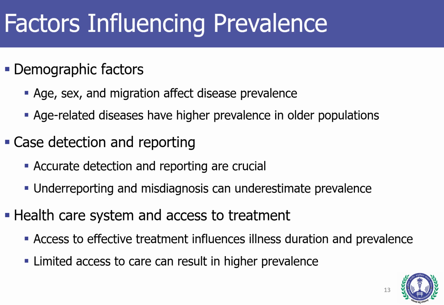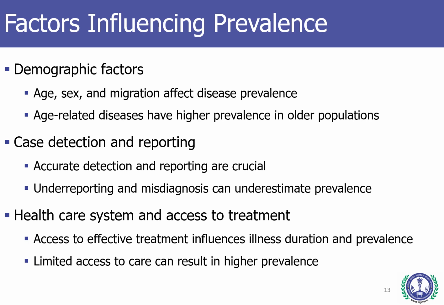Finally, we will discuss the role of case detection and reporting as well as the healthcare system in influencing disease prevalence. Accurate and timely detection and reporting of cases is essential for understanding the true prevalence of disease. Underreporting and misdiagnosis can lead to underestimation of the prevalence, which can have significant implications for public health policy and resource allocation.